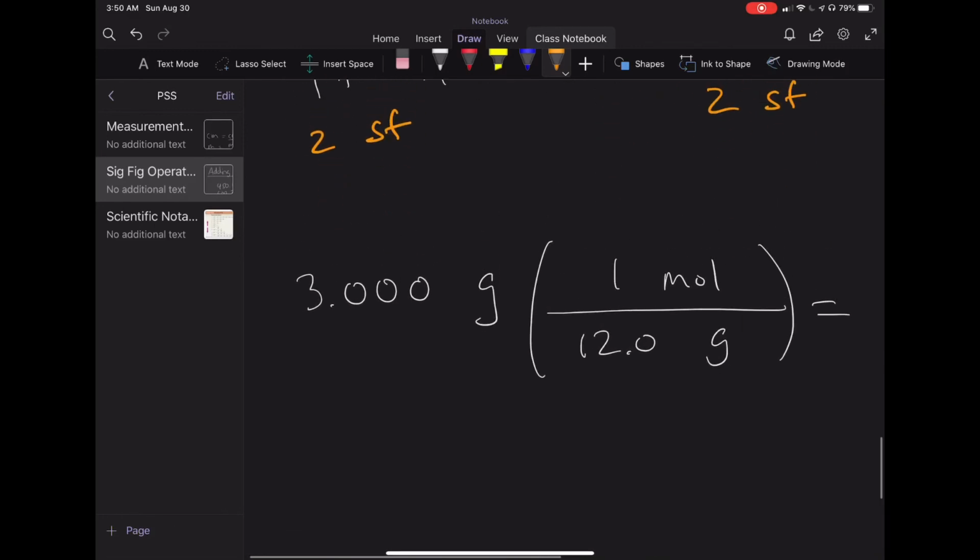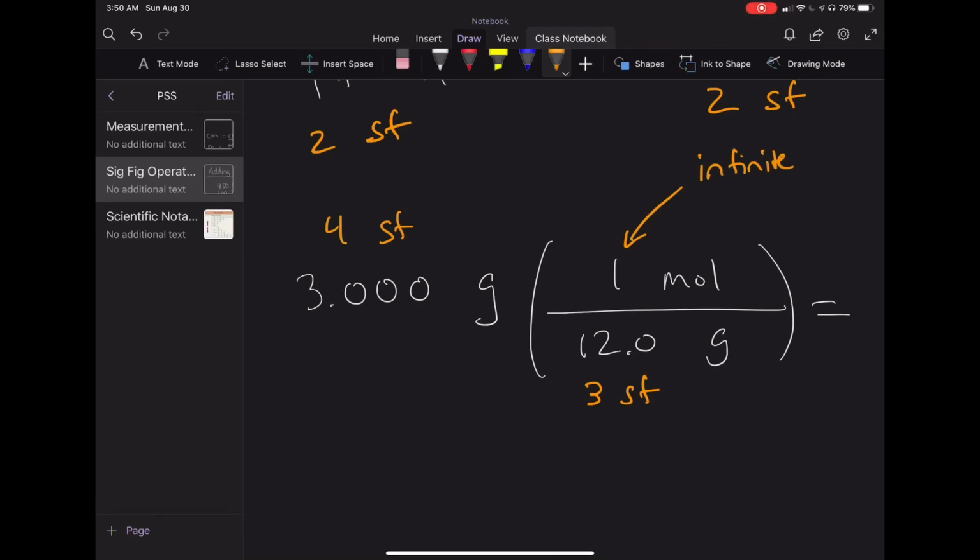Last example, 3.000 grams, and now we're dividing by a molar mass, 12.0 grams per 1 mole. Again, don't worry so much about molar mass and that stuff quite yet. That's coming up in the future weeks. But the 3.000 has 4 sig figs. The 12.0 has 3 sig figs. And then if you're concerned about this one, which you should be, I would classify that as having an infinite number of sig figs.